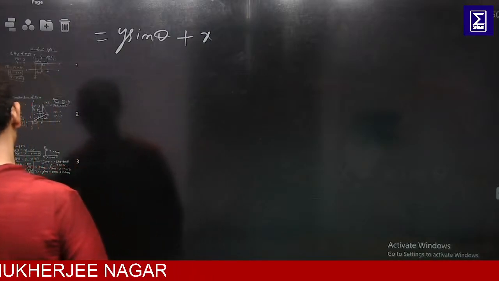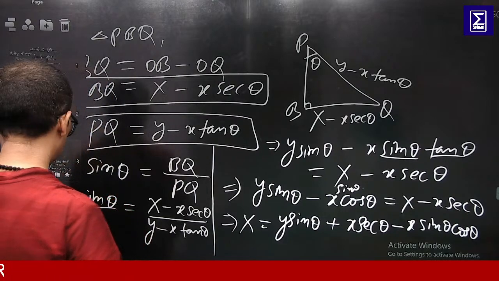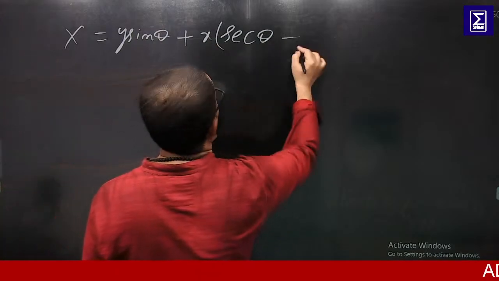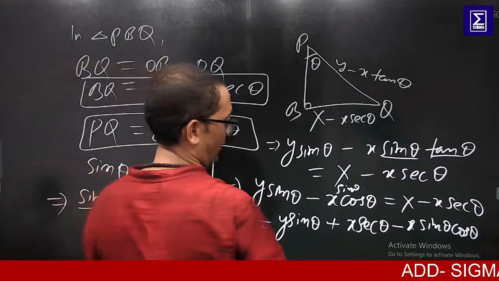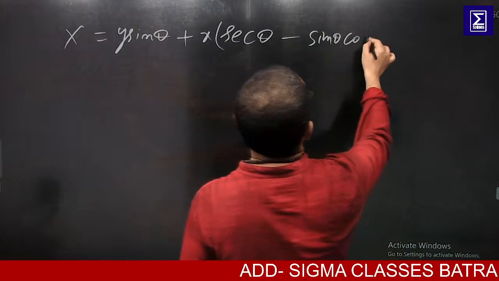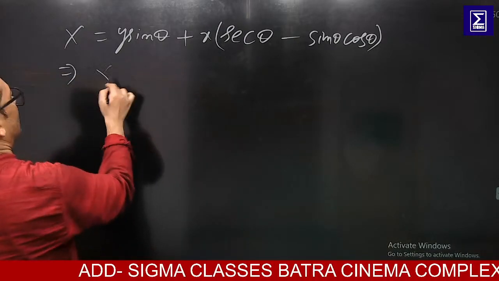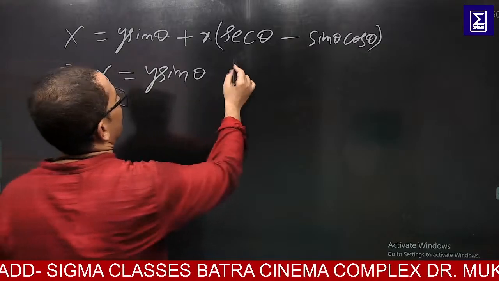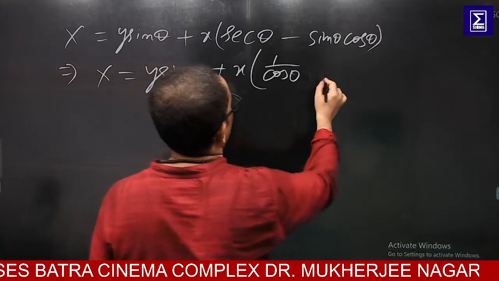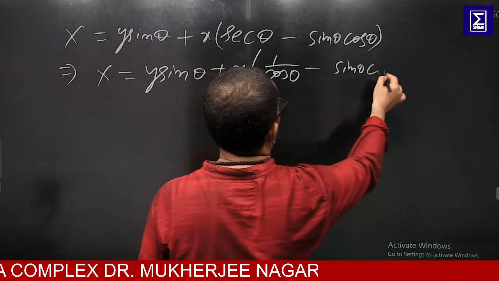Okay, so here it is y sin theta plus x is taken common, secant theta minus sin theta cos theta. Now X is equal to y sin theta plus x is taken common, 1 over cos theta minus sin theta cos theta.